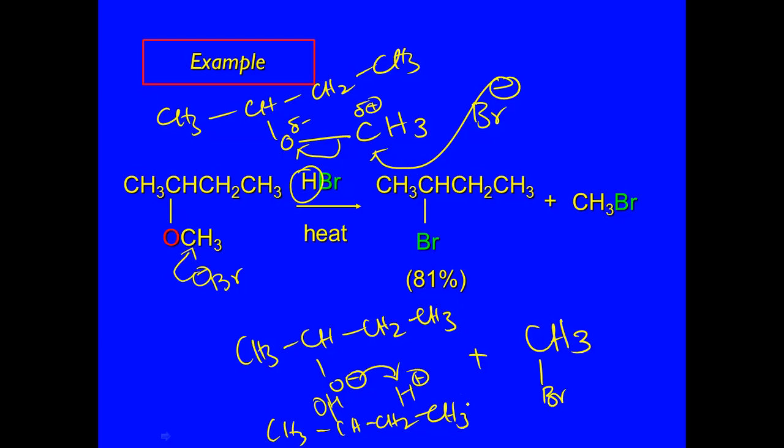But remember, in the alcohol chapter, we learned that whenever an alcohol is treated with a hydrogen halide, it can be converted to an alkyl halide. So now you have to remember the alcohol reactions. This is an alcohol. It doesn't play just a spectator role. It would undergo protonation because you have HBr. So this OH gets protonated, this water gets knocked out, and the bromide comes back and attacks this carbon.